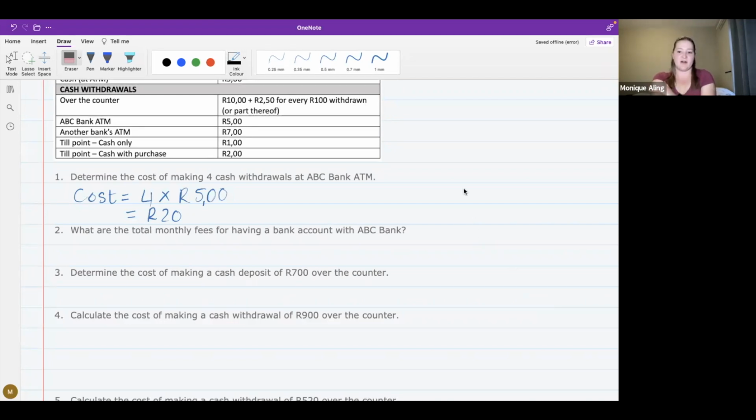Looks like we're picking up on how to determine how many hundreds there are. Great stuff, guys. Well done.